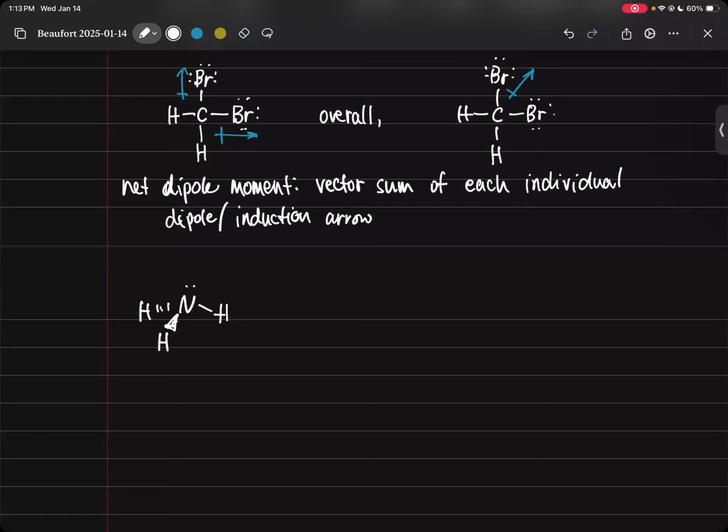But we can go and look up electronegativities for nitrogen and hydrogen. And we find that nitrogen is significantly more electronegative than hydrogen. And so that means the arrows point toward the more electronegative element. And so we've actually got three identical induction arrows, all pointing from the hydrogens to the nitrogen.